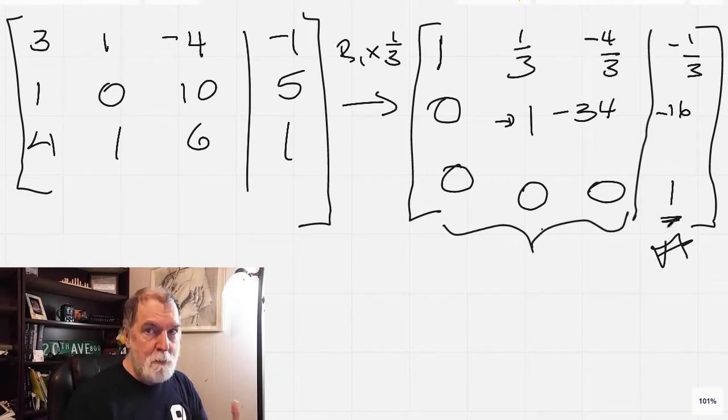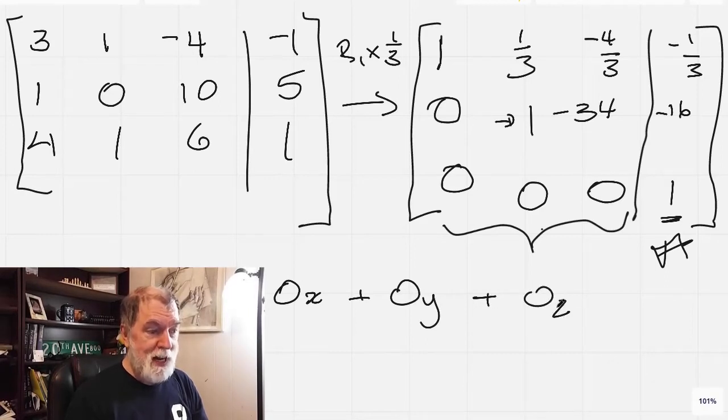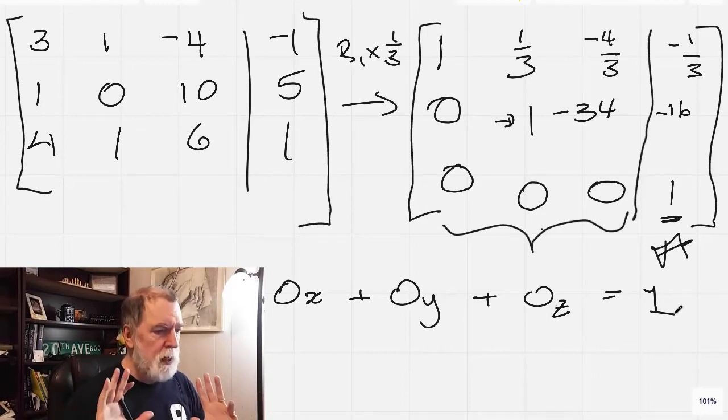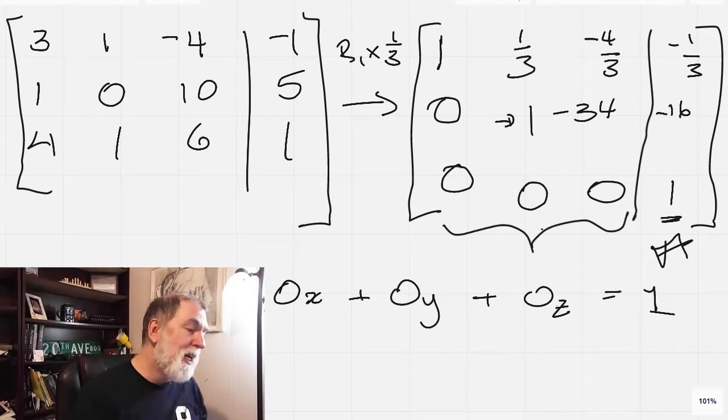So this implies that 0x plus 0y plus 0z equals 1, which we will not have in any universe of which I am aware. We have shown through the Gaussian algorithm that this system is inconsistent.